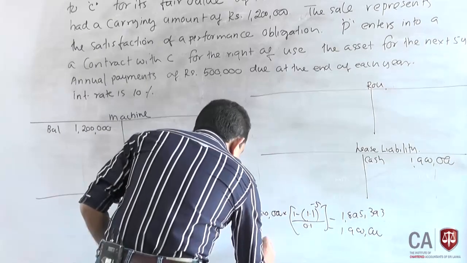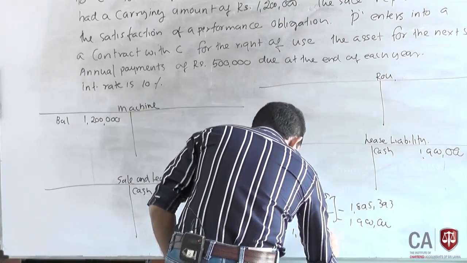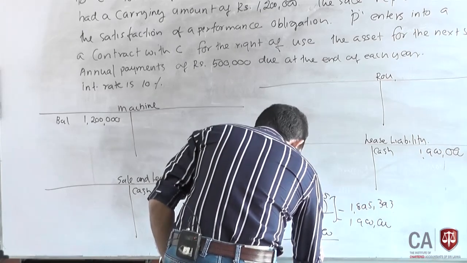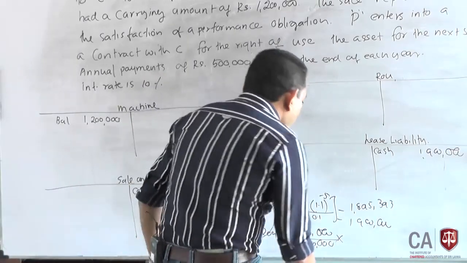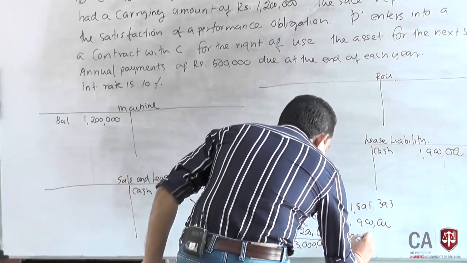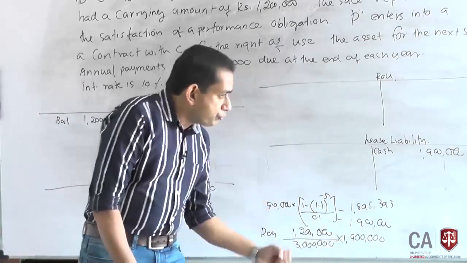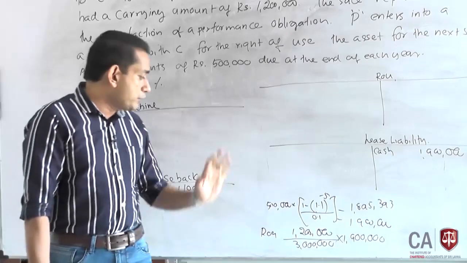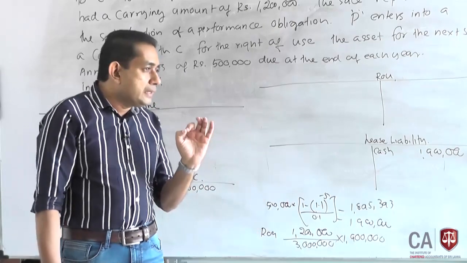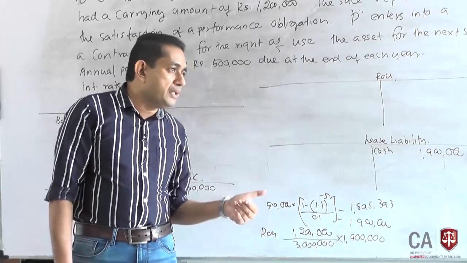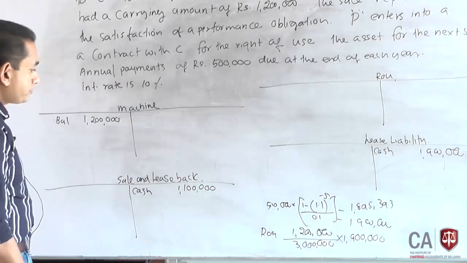Right of use asset is equal to 1.2 million, market price is 3 million, that was the selling price, also 3 million, and what has been the liability to be paid for retaining the right to use it, 1.9 million rupees. So, then proportionately you can calculate the value of 1.2 million rupees retained for the use for 5 years ahead.